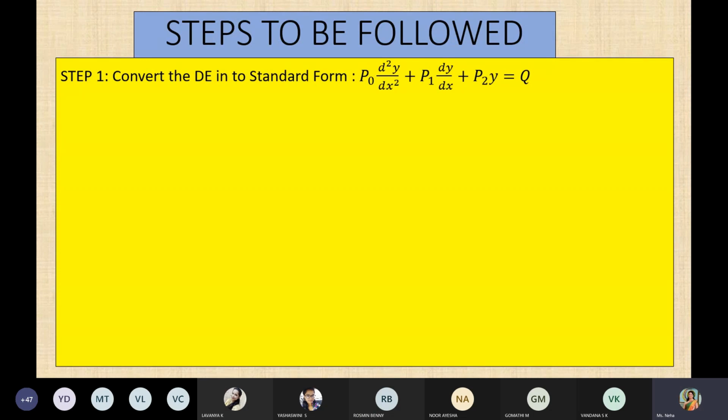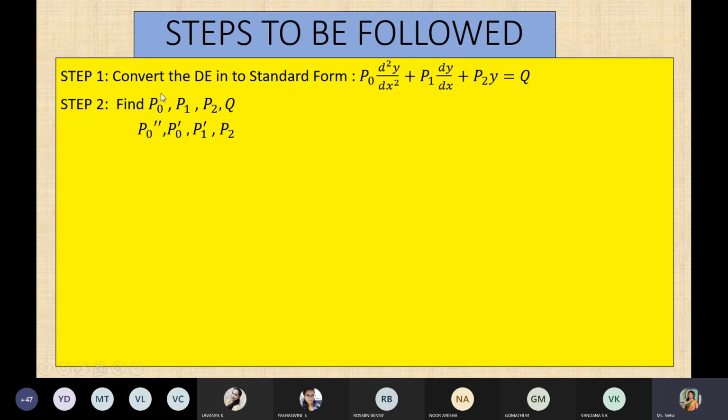Step number one: you will be given an equation, and from that equation you have to find the values of P naught, P1, P2 and Q. Since P naught is the coefficient of y double dash, you have to find P naught dash and P naught double dash. Then P1 is the coefficient of dy by dx, so you find P1 dash. P2 will be as it is, and Q will be as it is.